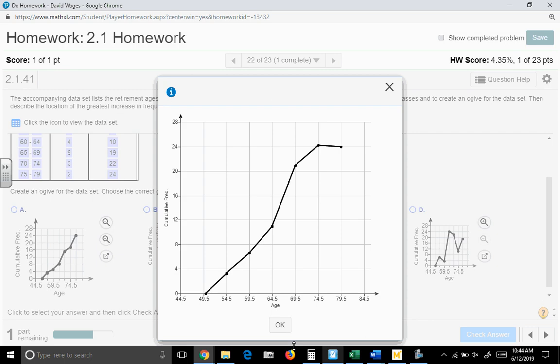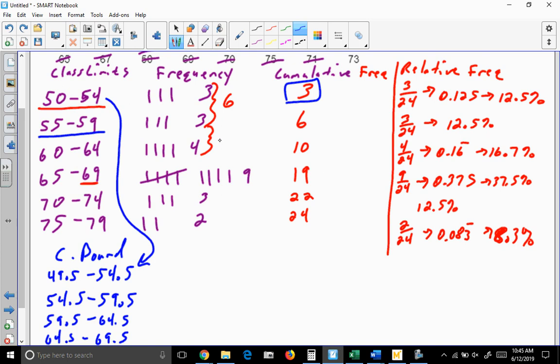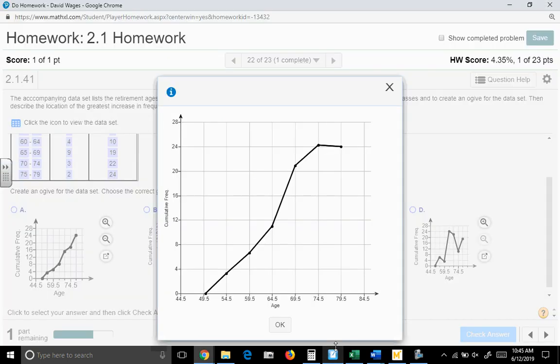The second one starts at 0 here, that's good. We're at 3 here, that's good. By the time we get to the second category, we're at 6, that seems true. When we get through the third category, we should be up to 10. That seems right.